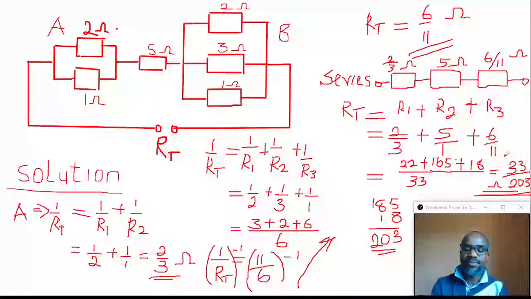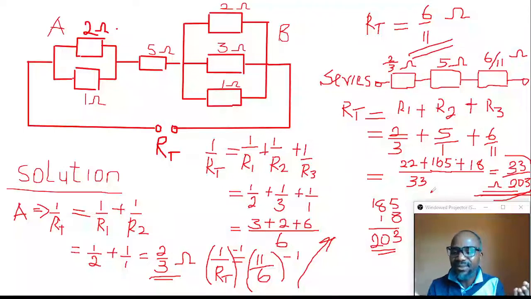So take notes. Okay, this is our answer now. Very, very important. This is our answer. 33 over 203 ohms. By the time we divide 33 over 203 ohms, we're going to get small amounts of resistance. 0 point something, right? Good.